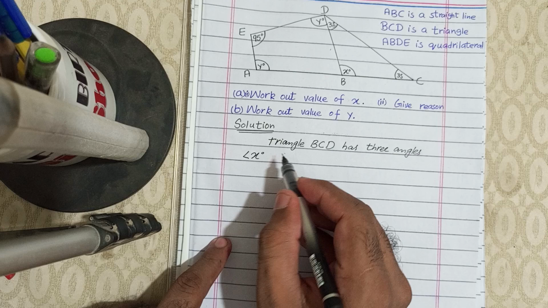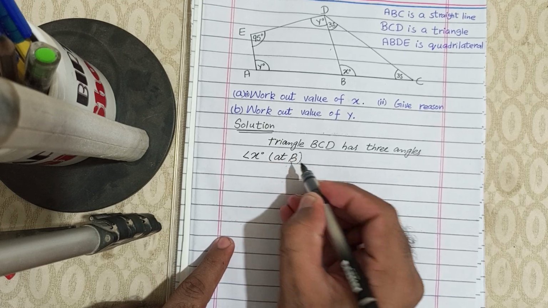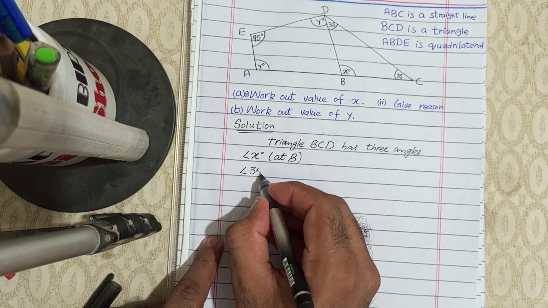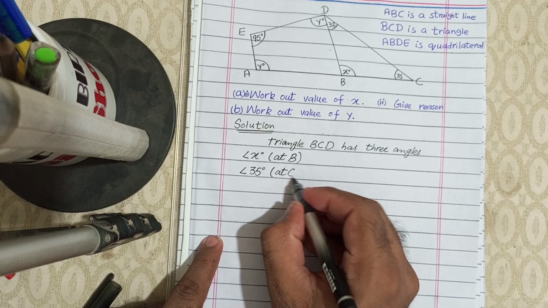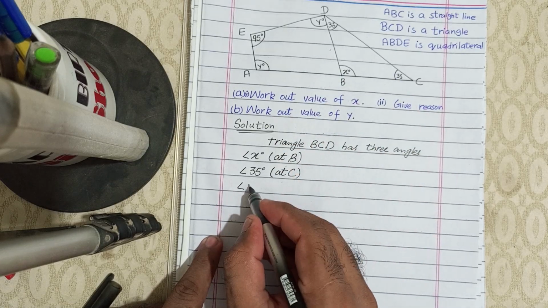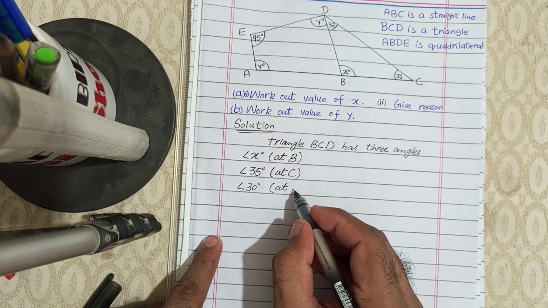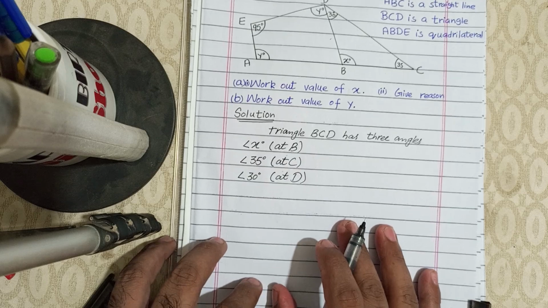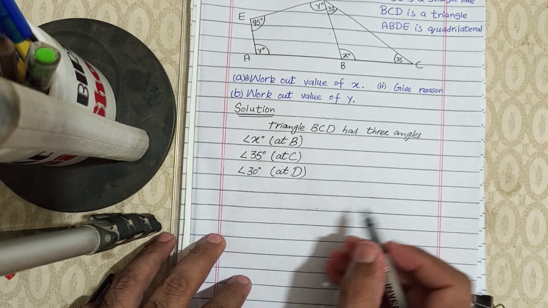Angle x at B, angle 35 degrees at C, and angle 30 degrees at D. So as we know, the sum of all these angles is equal to 180 degrees.